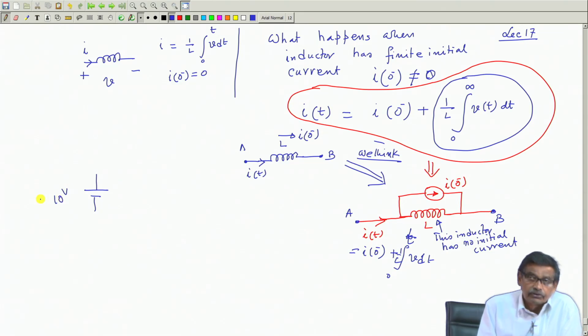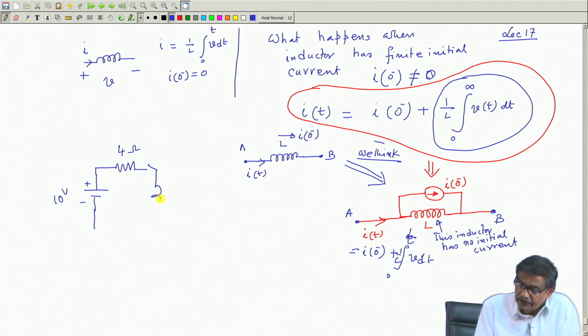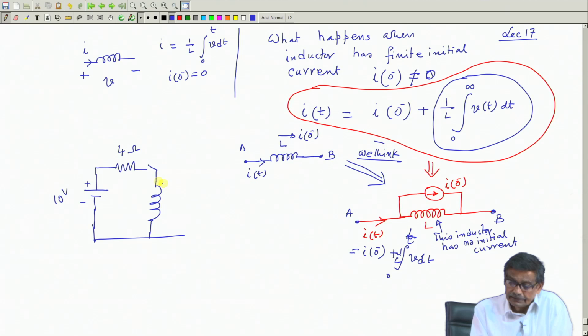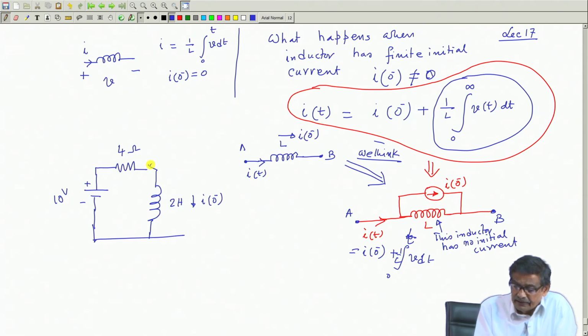It is a 10 volt battery, here is a plus minus 10 volt source, and here is some resistance, 4 ohm, and I will connect an inductor L which is, suppose, 2 Henry, but it has got some initial current. I will indicate it by this I 0 minus, got some other circuit and connect it to this circuit at t equal to 0.